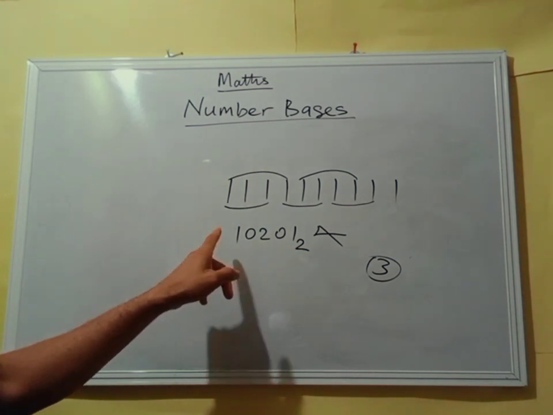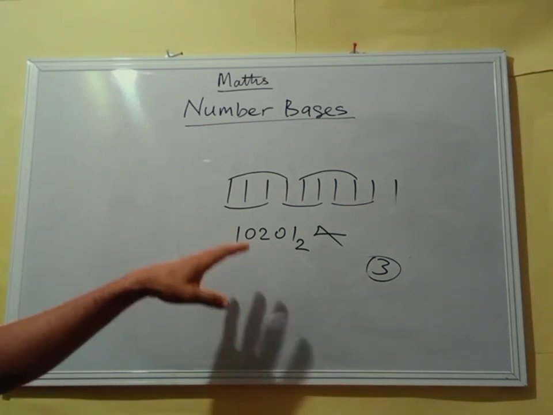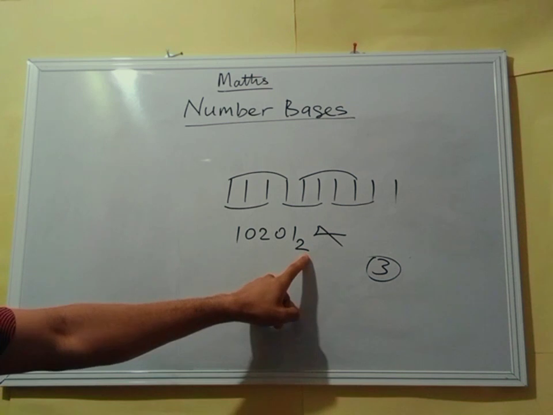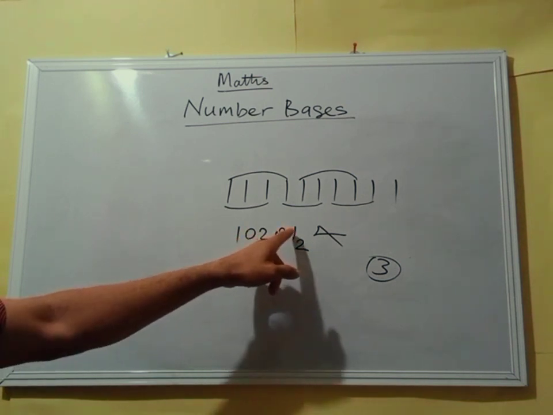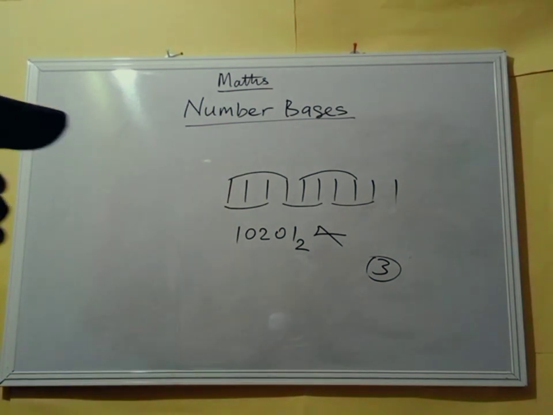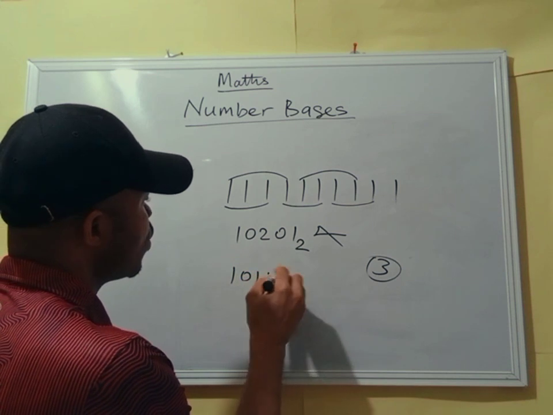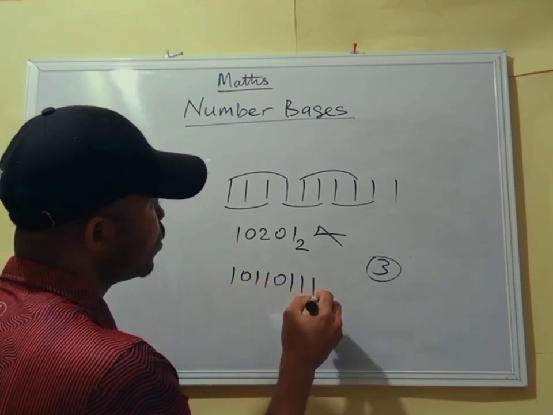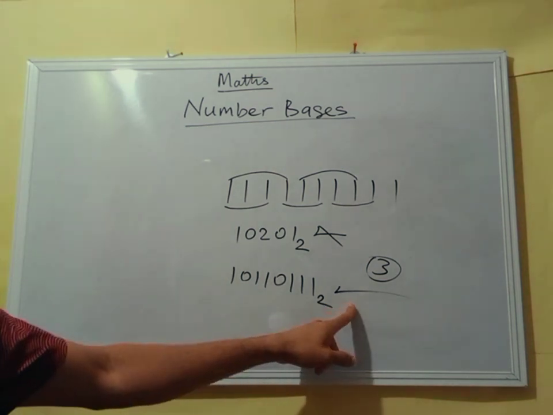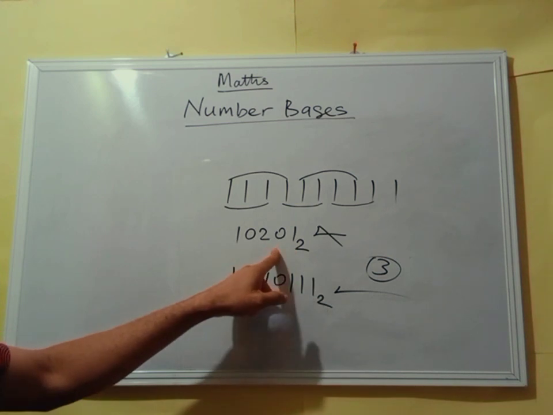This will automatically tell you that your answer is wrong because it is violating the rule, which is that a number in a particular base cannot have any of its digits equal to that base, let alone greater than that base. So all the digits must be less than that base. So if you have something like 101101111 base 2, this one is correct. This one can exist. Alright? But this one cannot exist.